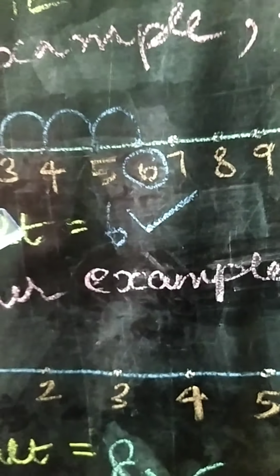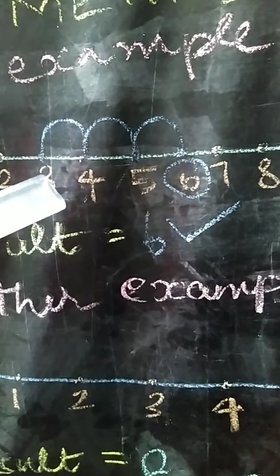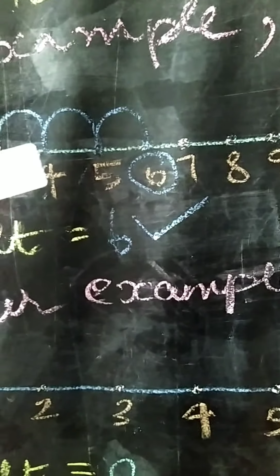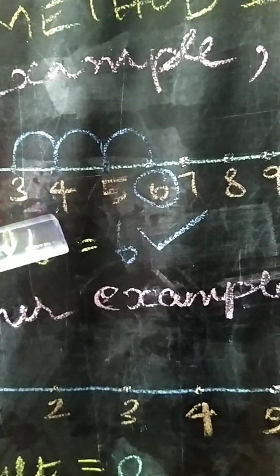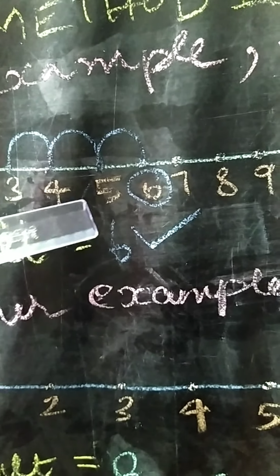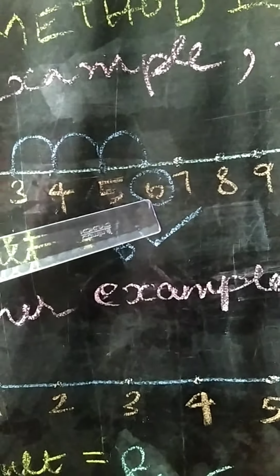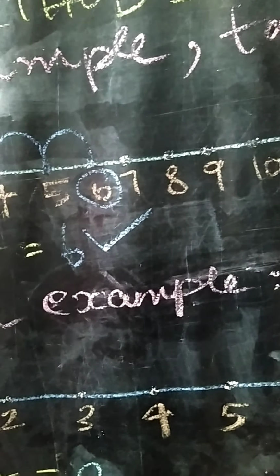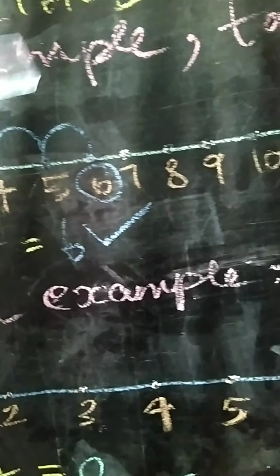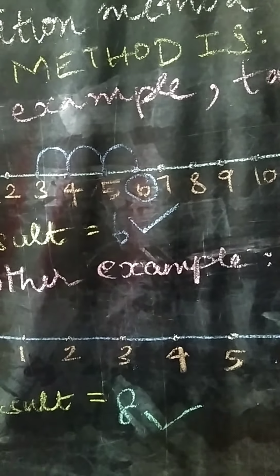So you start from 3. And you have to do 3 rabbity jumps. So jump. 1 jump from 3 to 4, 1 jump from 4 to 5 and 1 jump from 5 to 6. Your result is 6. Am I clear?